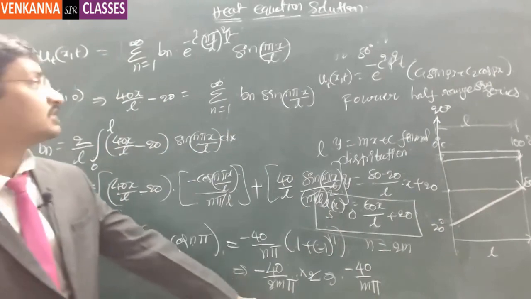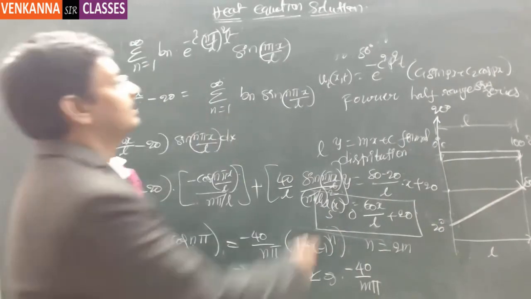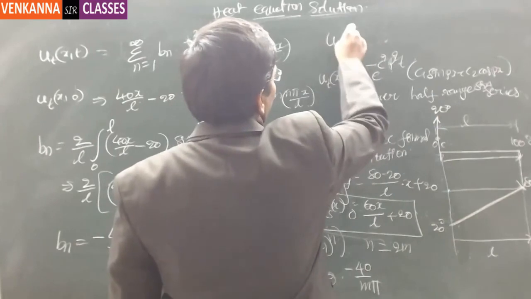Now you just replace this value in the transient solution part of it. That is going to be u_t of x comma t.